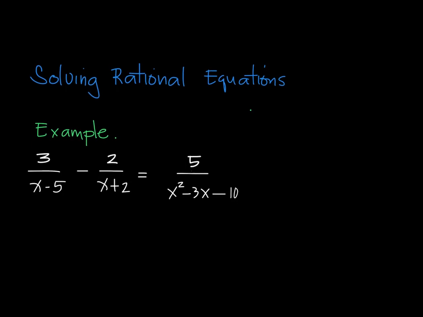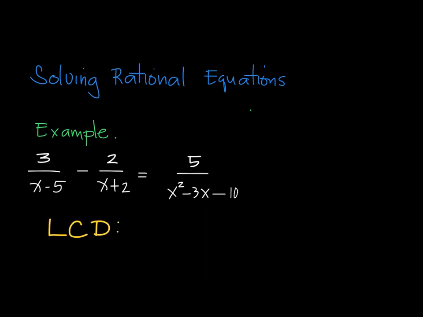To get rid of the denominators, we have to find an expression that could cancel the x minus 5, the x plus 2, and the x squared minus 3x minus 10. Normally, for expressions like this, all you have to do is consider the product of all the denominators, or use what we call the LCD.